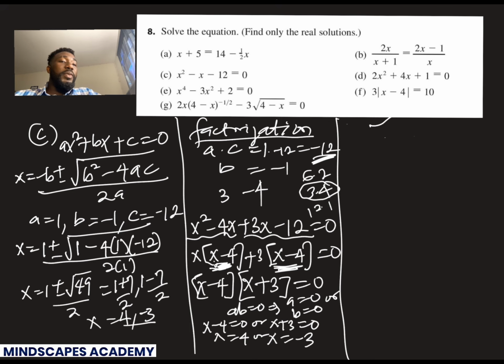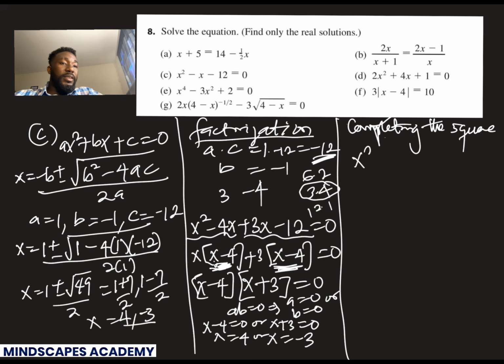Now the third one will be completing the square. Just like we did before, since this is an equation, you add the square of half of the coefficient of x to both sides.